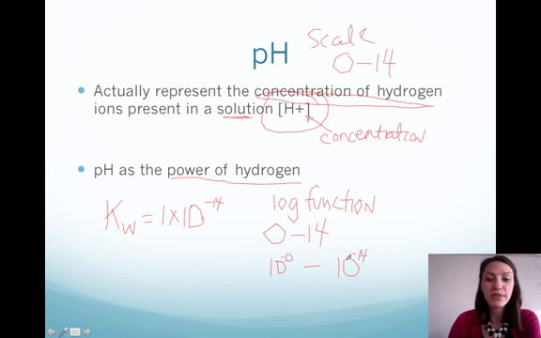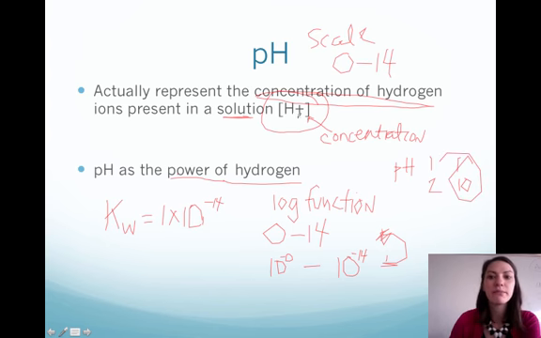This is converted into an easier to use format, because the log function says that between a pH of 1 and a pH of 2, it's times 10. So this might be 1 and this would be 10.